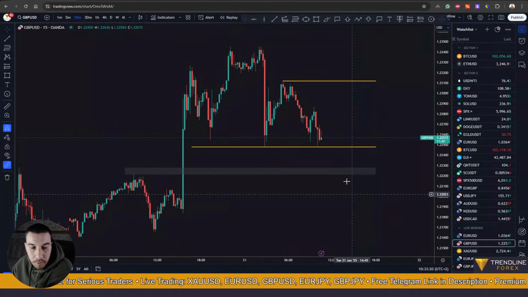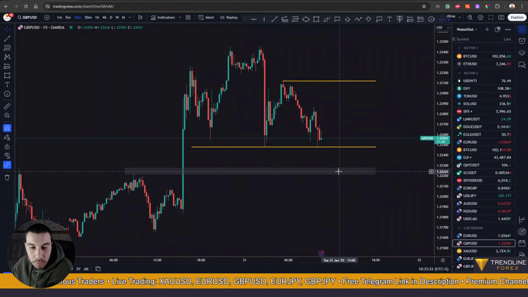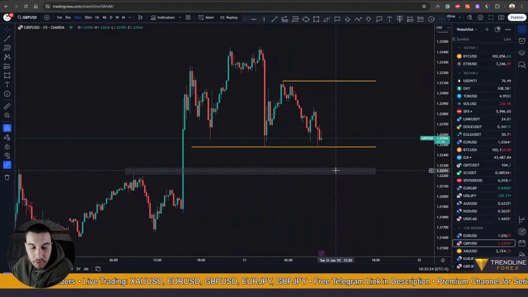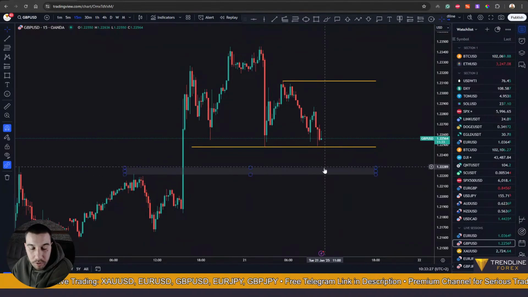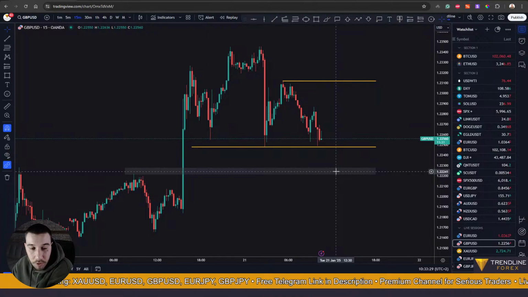Let's see if we're going to be able to tap into that level right around 1.2225 and see how price action will react around there if we come down here.